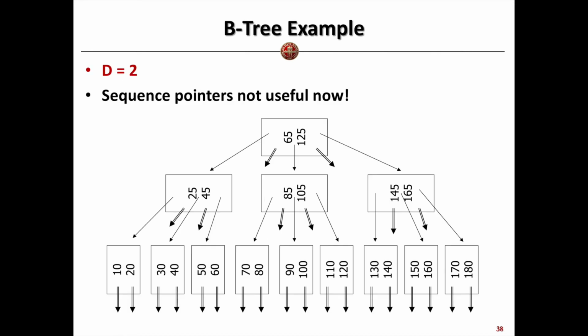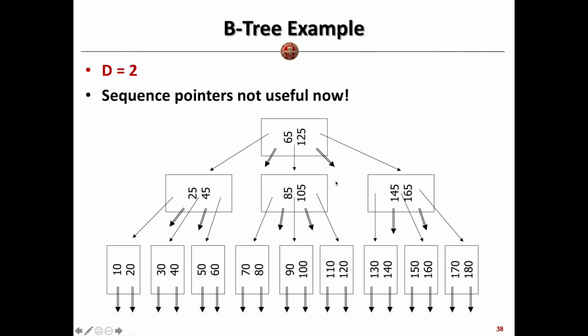So based on the nodes like this, we can define the B tree as shown here. Inside the B tree, we have keys, and we will have the pointers. For this double line, these pointers will be pointing to the concrete data tuples. And this single line pointer will be pointing to the children nodes. Now here we have 65 and 125 as keys for the root node. It has three pointers pointing to three children nodes.